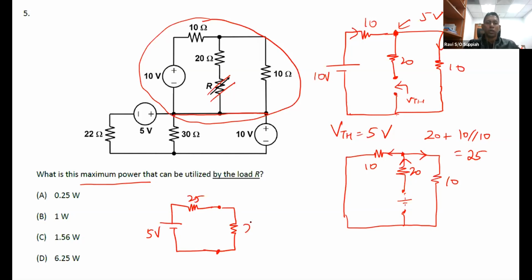So this is also 25. Then you can use any of the formulas, I squared R, V squared over R, whatever, to find the power delivered to the load. If I use V squared over R, this voltage would be 2.5 volts. So 2.5 squared over 25, I'll get 0.25 watt.